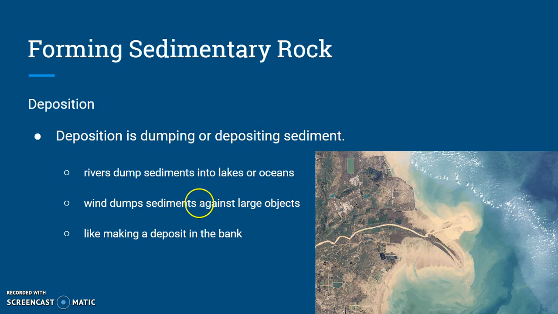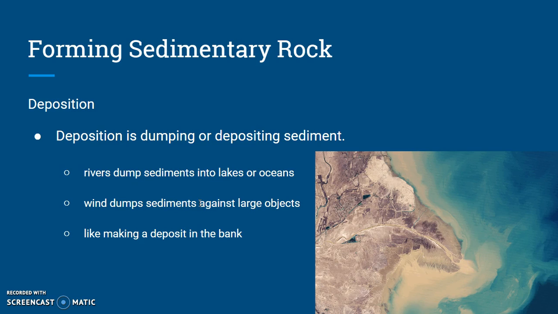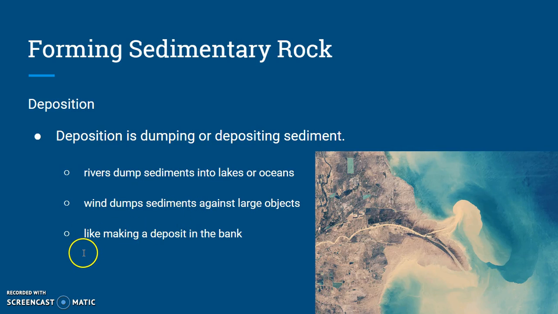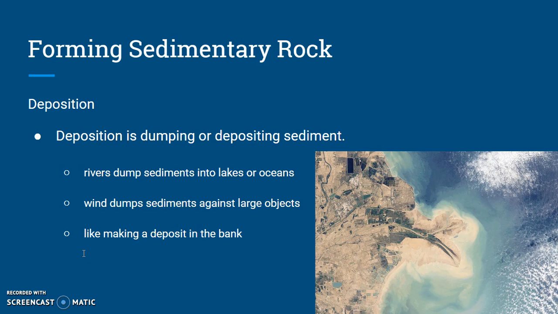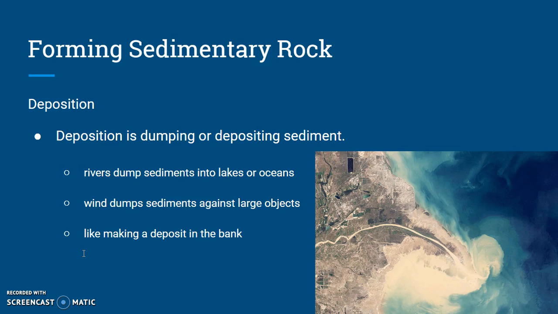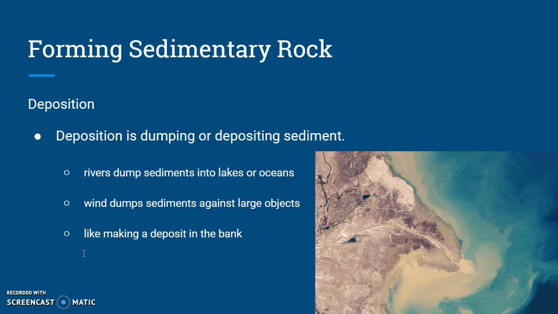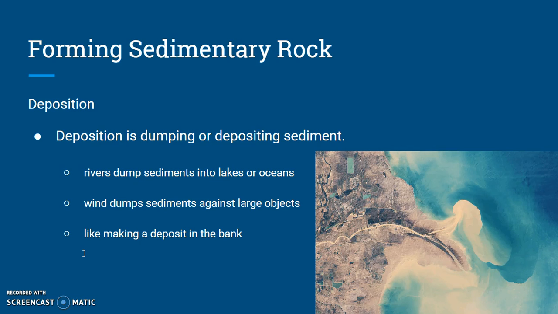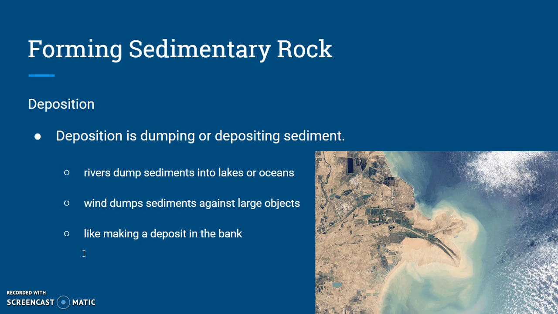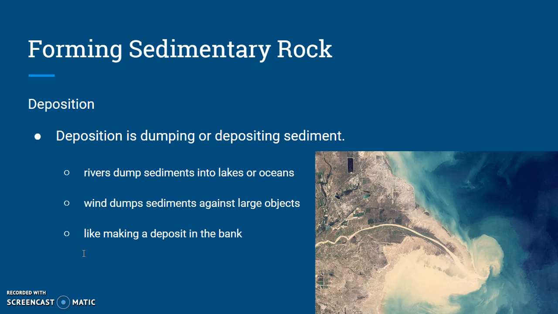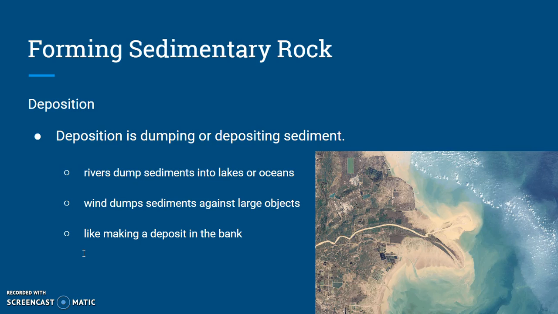Wind dumps sediments against large objects. The word comes from deposit, and deposition of sediments is like making a deposit in the bank. When you make a deposit in the bank, you're dumping your money there, right? So deposition of sediments is dumping the sediments somewhere.